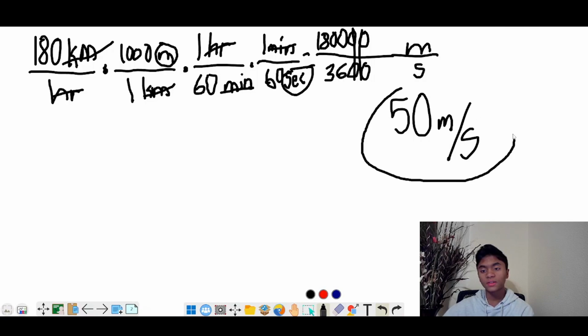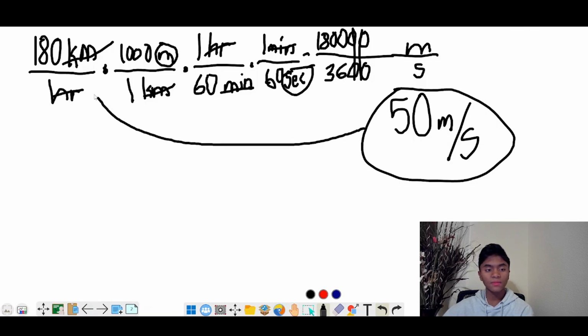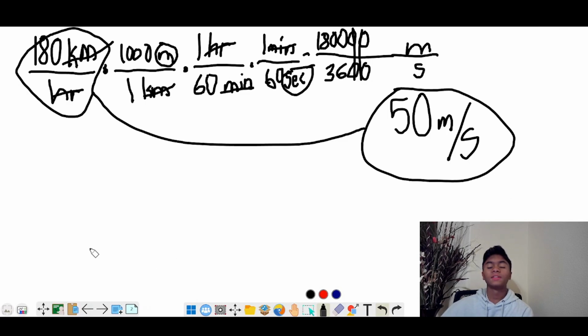So this is our answer, and 50 meters per second should be the same thing as 180 kilometers per hour. And that's all you have to do for dimensional analysis. Just use these conversion factors here to get from what you have to the quantity that you want.